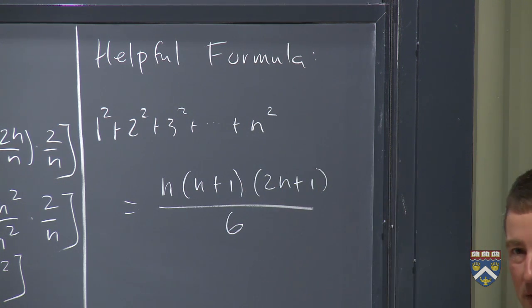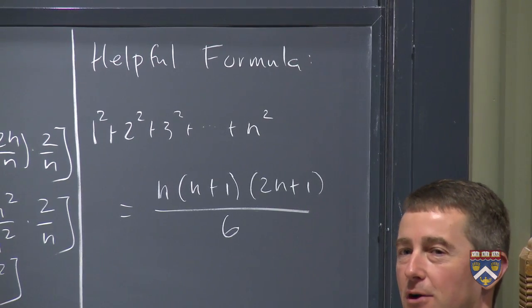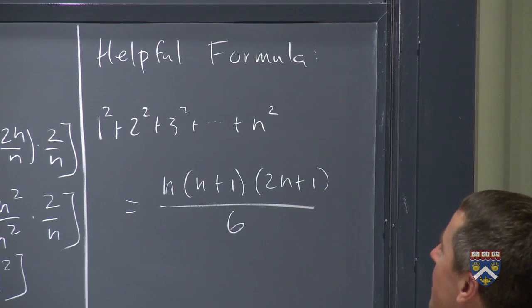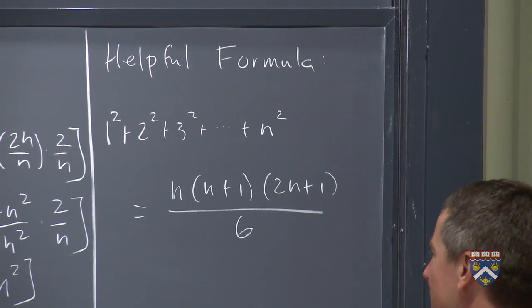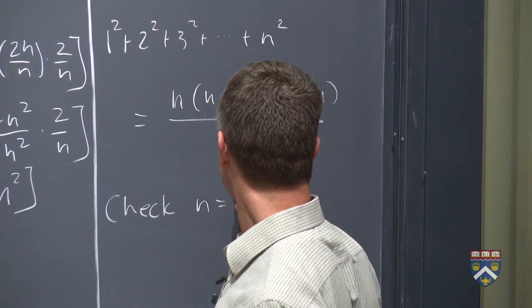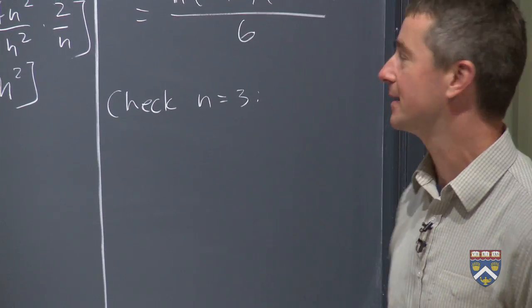Now, we're not going to prove this formula in this class. This is not the place to prove it. A good way to prove it is using a method called proof by induction. There are various geometric ways to prove it as well. Let's just see if it at least works for some particular value. Let's check n equals 3. Now, of course, if it works for n equals 3, that proves nothing, but it just maybe helps us see that it does at least work.